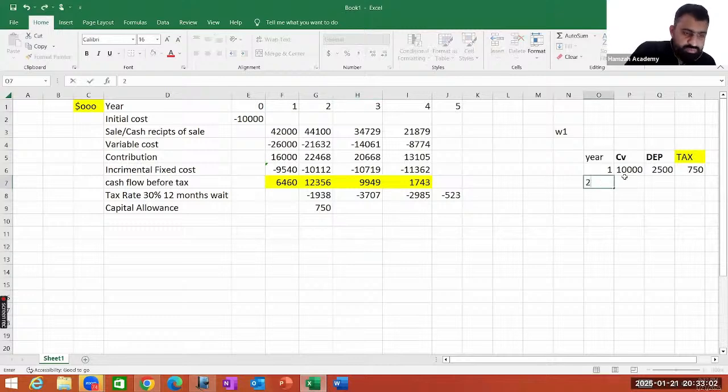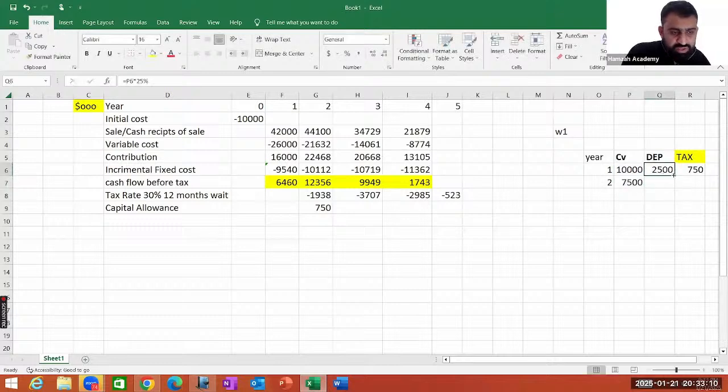Then in year two, the carrying value of the asset will be 7,500. And again, you will take the 25% of 7,500. 7,500 will be multiplied by 25%. So you have a taxable depreciation of 1,875.